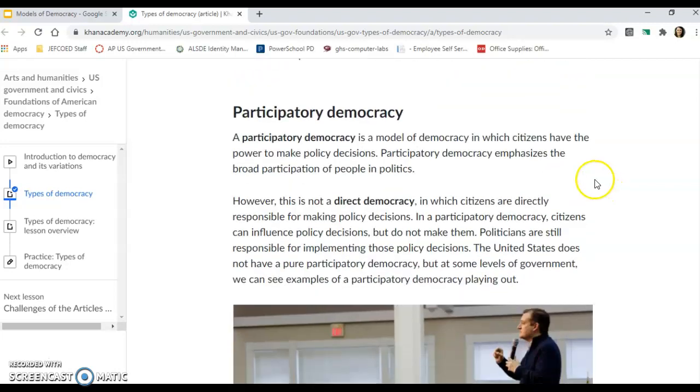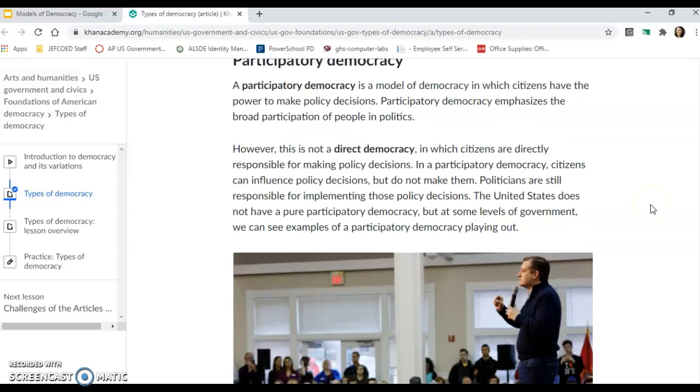All right, so I'm going to post this link into the lesson for today. So make sure you look through it and notice things like participatory democracy does not necessarily mean direct democracy. Okay, it does mean that you can participate in decision making, but it's not necessarily that you're doing it directly.